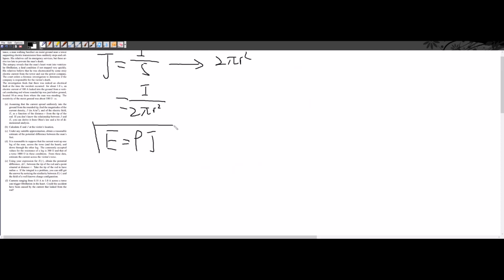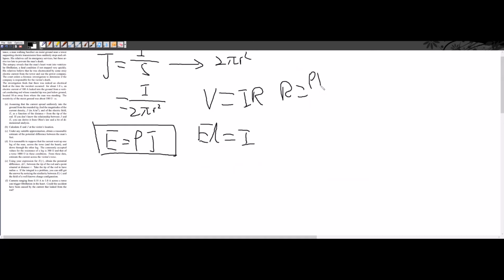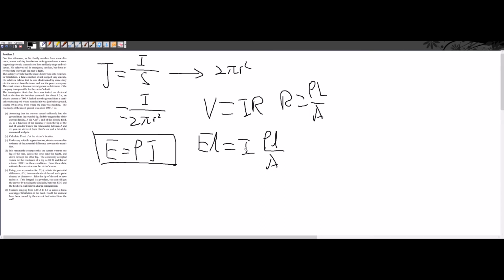We want to derive this formula in case you don't know it. We know Ohm's law, right? Everyone knows Ohm's law: voltage equals current times resistance. Voltage can be written as E times L, electric field times length. And I can be written as I. For resistance, you know the formula R is equal to rho L over A. So I can also be written as this.